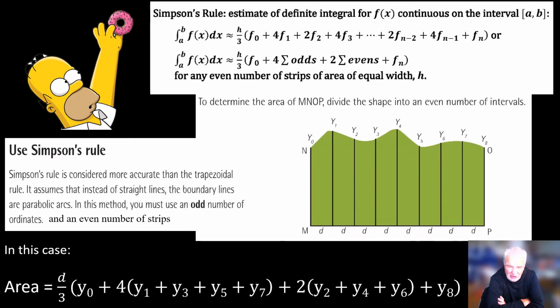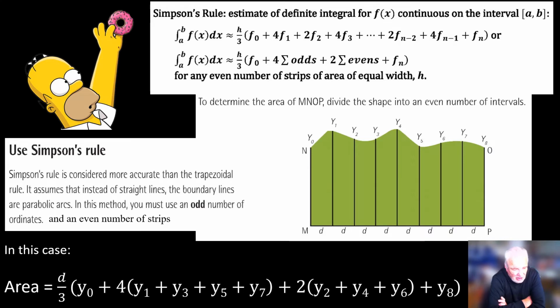And it goes in this pattern: 4 times the odd values, f1, f3, and so on, and 2 times the even, remembering that n starts at 0.